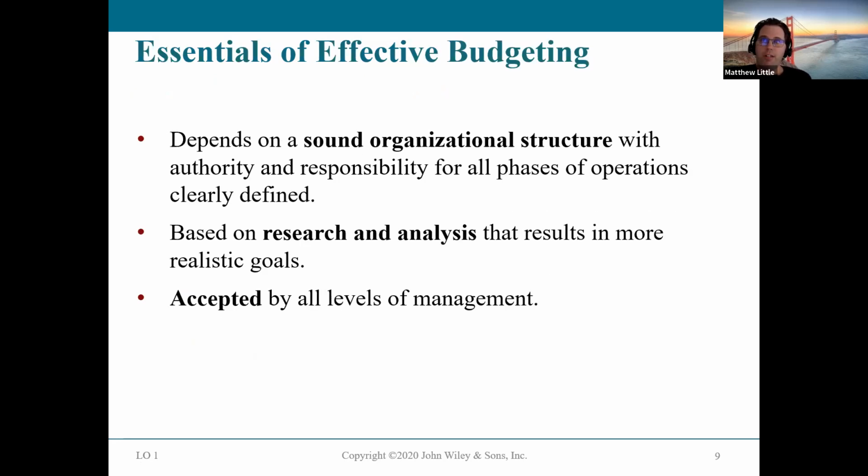So we're talking about effective budgeting. We want to have some essential standards in place within the organization. So you want to have a structure that has proper authority and responsibility for all the different parts of the business. So if you have a production manager or production lead and then production managers for different areas of the business, you want to make sure that they each have authority to run their departments.